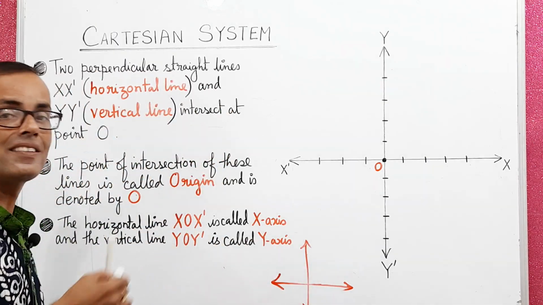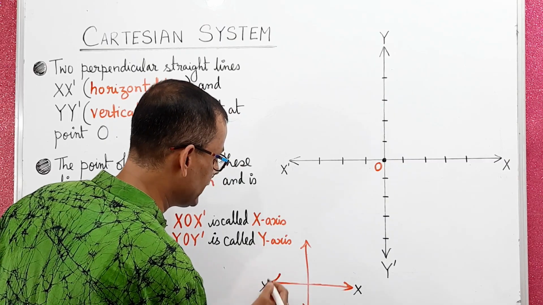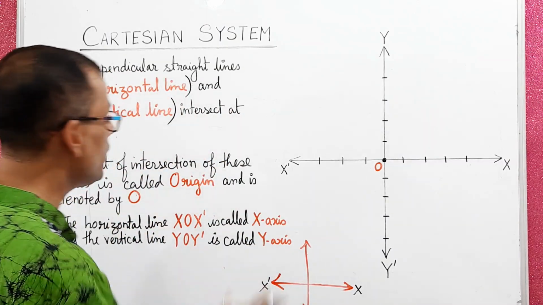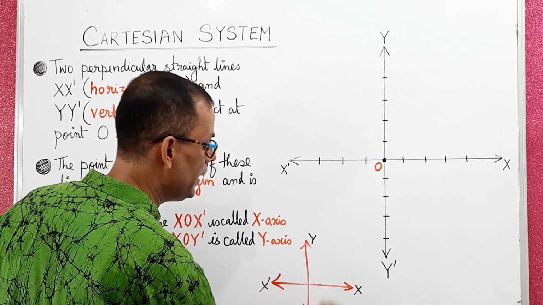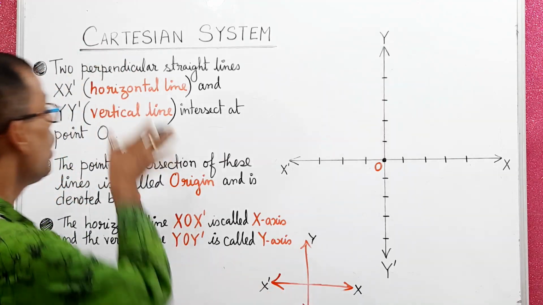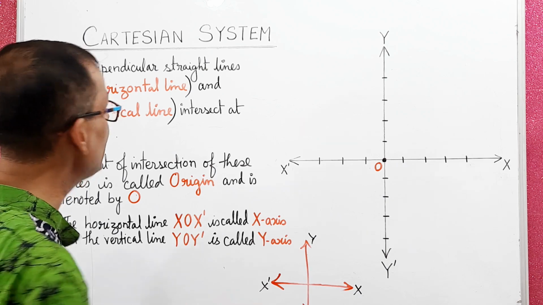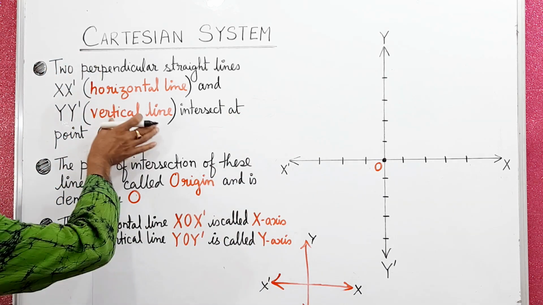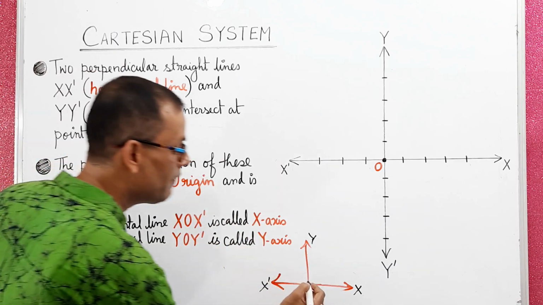One is the sleeping line, whose name is X, X dash, and another one is the standing line, whose name is Y, Y dash. So X, X dash is known as the horizontal line, and Y, Y dash, also called the standing line, is known as the vertical line, and they intersect each other.